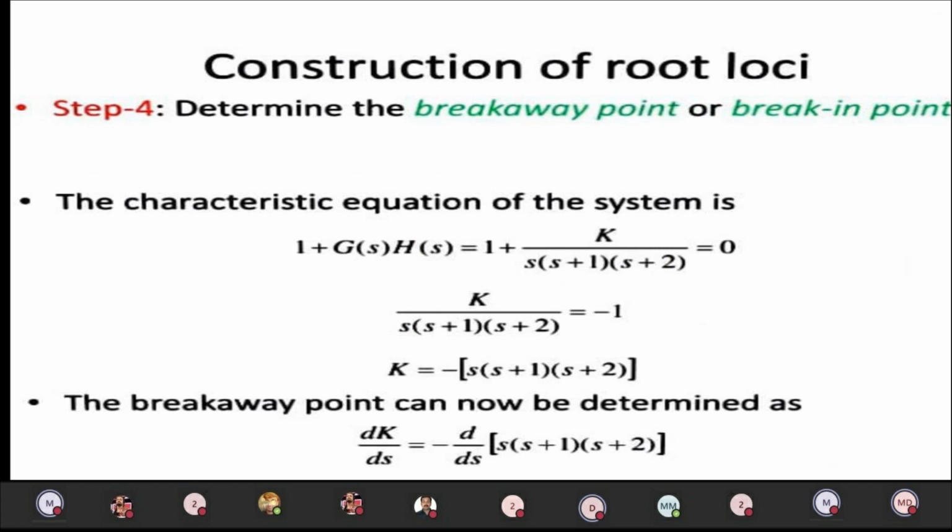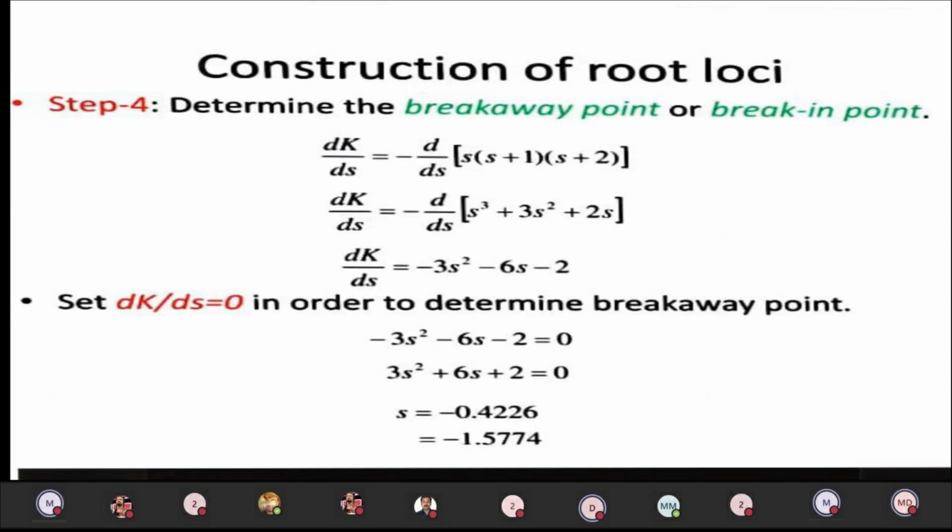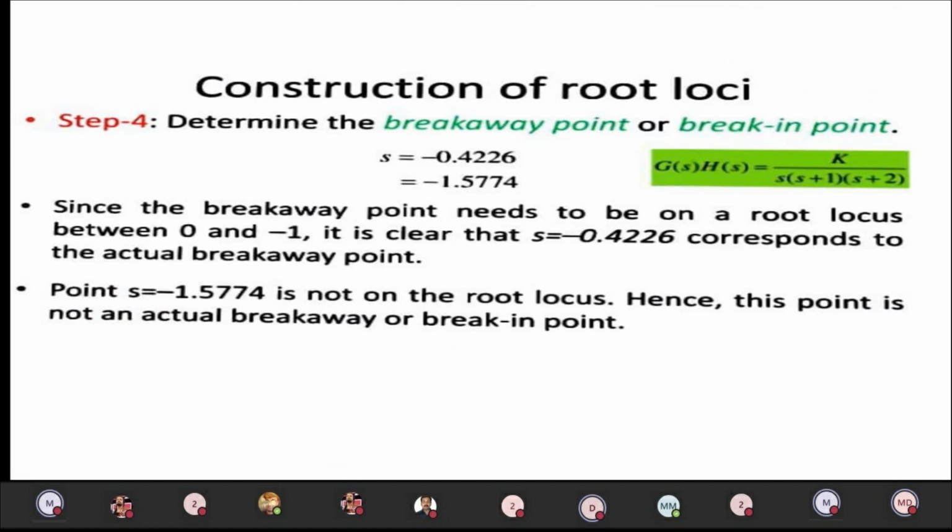So here k has been determined and you are differentiating with respect to s. Okay, and then you consider the quadratic equation and determine the s values, and again these s values are substituted into the k equation, and you check whether the k value is positive and real for these two s values.